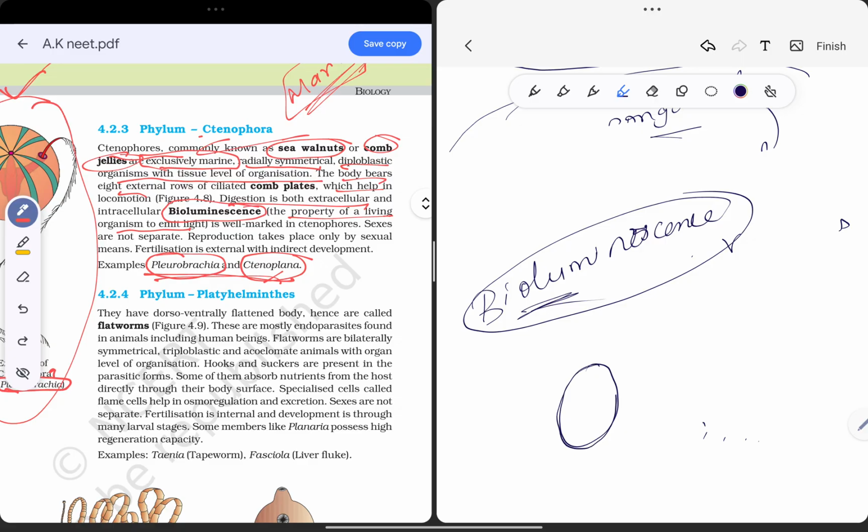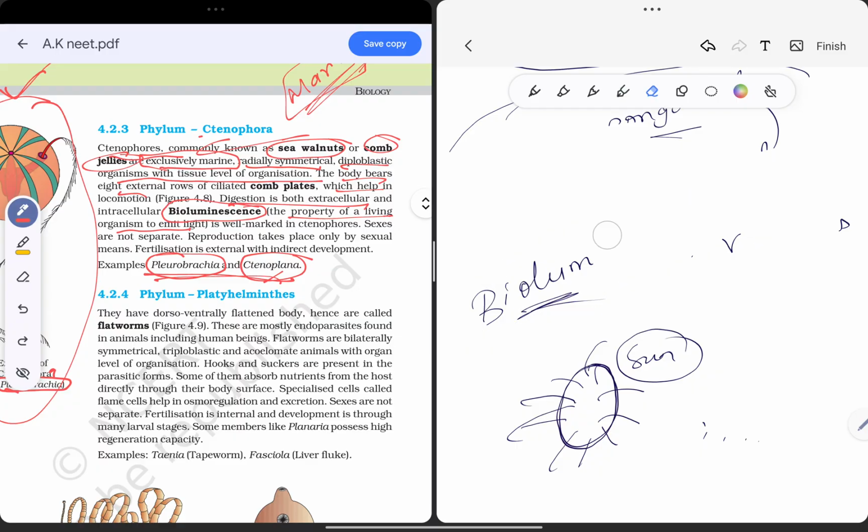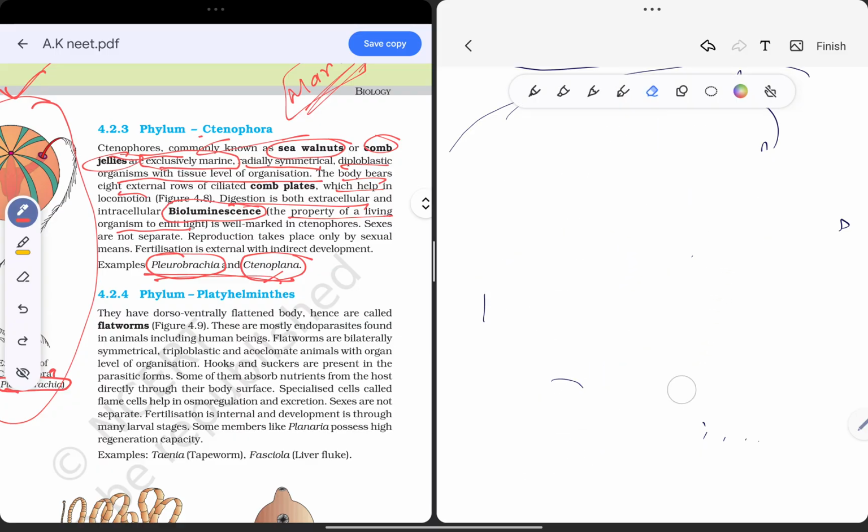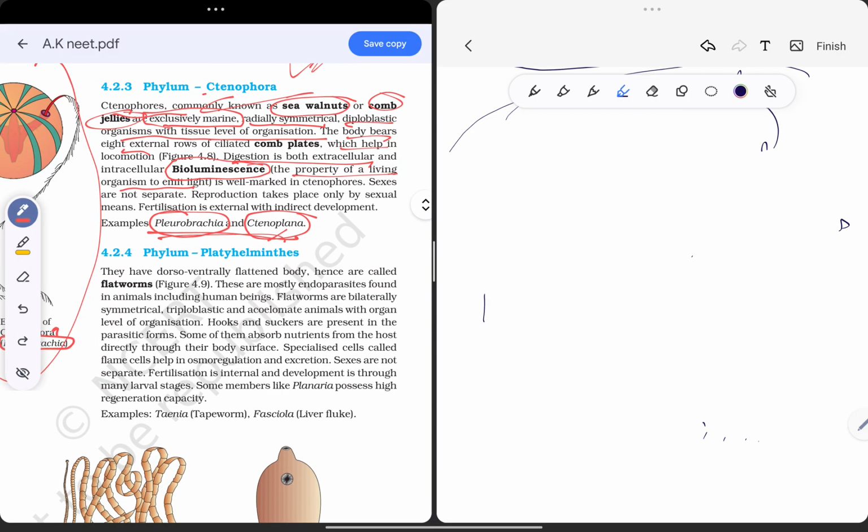This organism can emit light like a sun. It can emit its own light. That's the reason why it's called the bioluminescence property. It is well marked in Ctenophora.